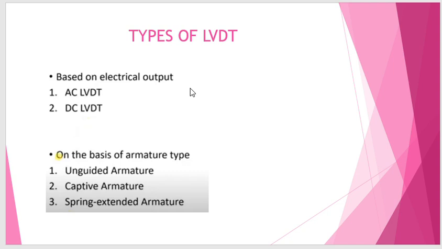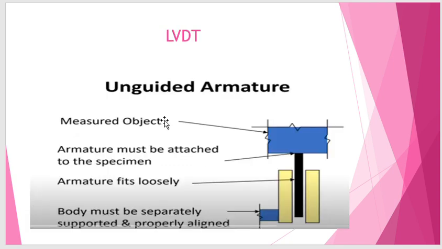First up, let's look at the unguided armature type. It doesn't have any specific guidelines, meaning there are no restrictions on where it can be used. Check it out, the armature is marked in black here and it moves freely inside.